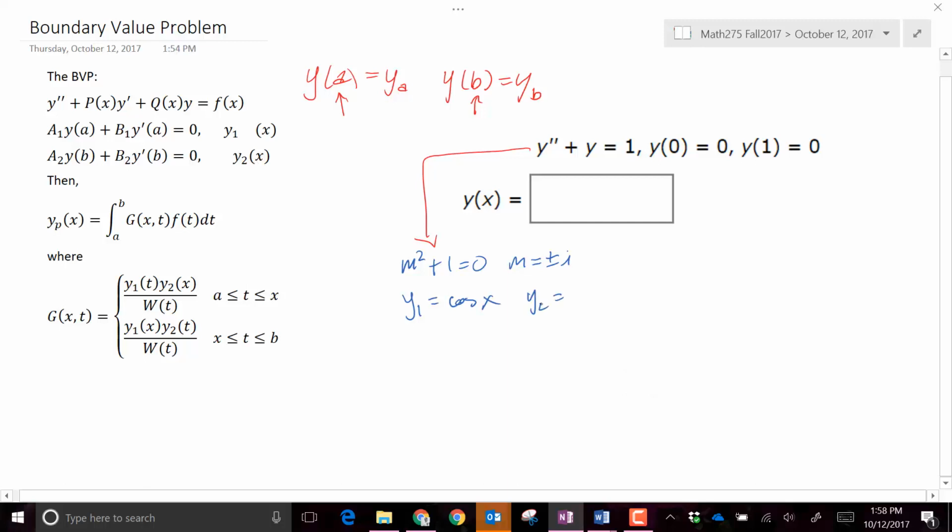And y2 is equal to sine x. So to solve for your solution here, because of the boundaries, you would actually put 0 and 1 in there. So c1 cosine x plus c2 sine x. And then you're going to solve for c1 and c2 by using these boundary conditions.